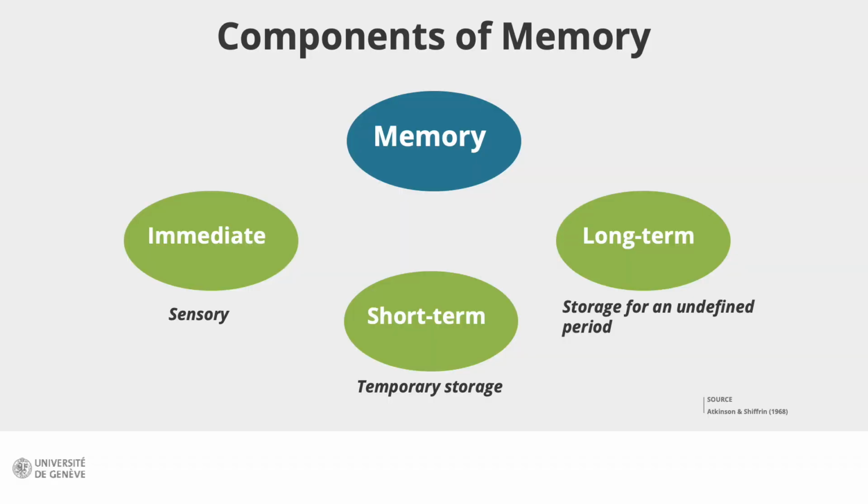So these attentional mechanisms obviously are going to interact with other types of mechanisms, such as memory mechanisms. So let's take a really simple but useful model of memory, which is Atkinson and Shiffrin's model of immediate memory, short-term memory, and long-term memory. So immediate memory is something that actually comes with our sensory processing. All of our senses really capture information really quickly, but not for that much of a long time.